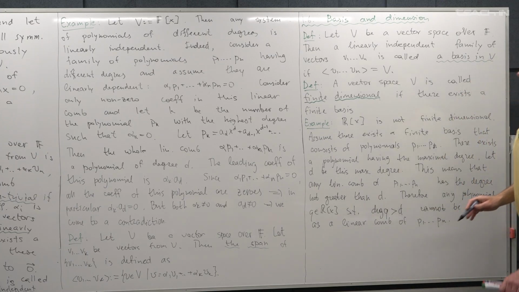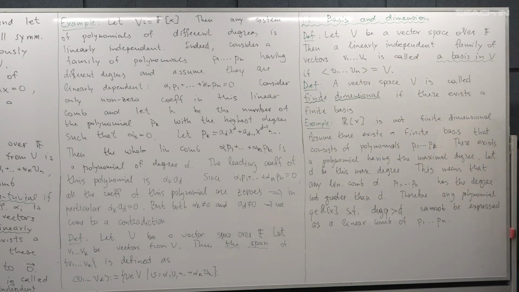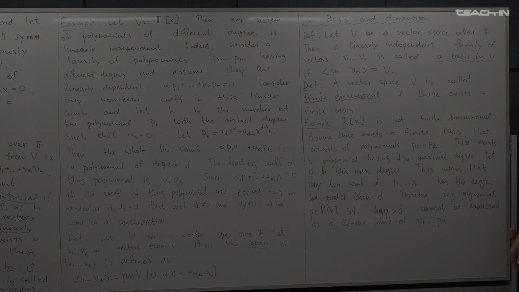That's why they do not form a basis. So if we assume that there exists a finite basis in this space, we come to a contradiction, since these vectors do not form a basis.